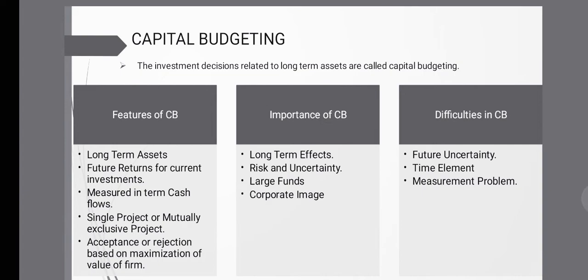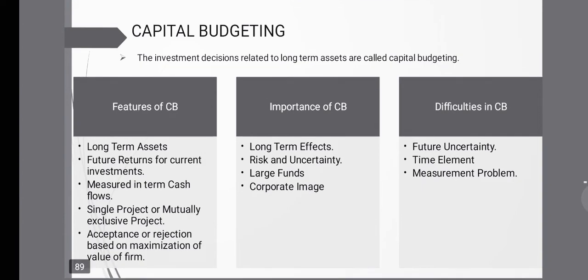What is the importance of capital budgeting? It has a long-term effect. It has risk and uncertainty because it is long-term. Nobody can predict the future, plus a huge sum of money is involved. So it involves a lot of risk and uncertainty. Large funds are involved. It also impacts the corporate image. If projects go bad one by one, it hits the corporate image like anything.